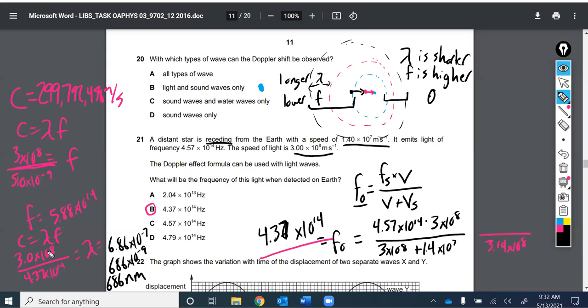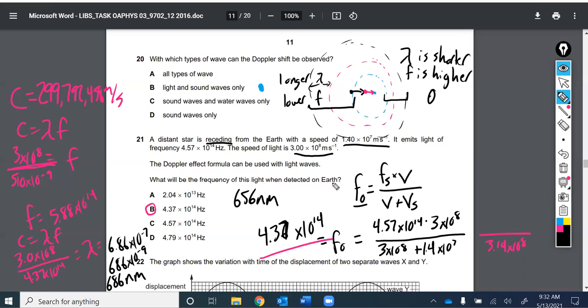Just a quick calculation, right? 3 by 10 to the 8 divided by 4.57 by 10 to the 14. So that's 656.